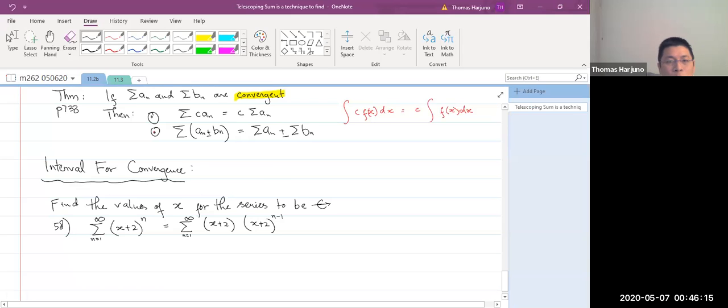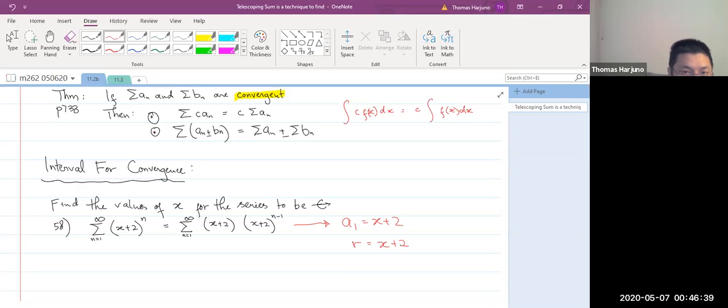You don't need to show the work this way, but I try to show you the idea behind this. The first term is x plus 2, and the ratio is also x plus 2. A geometric series is convergent when the absolute value of the ratio is less than 1. Basically, this r has to be between -1 and 1.